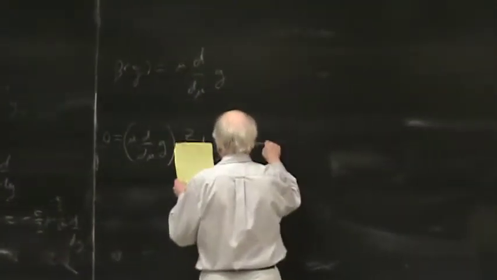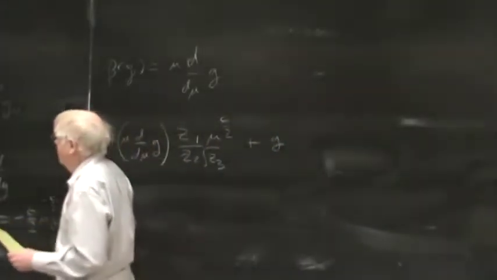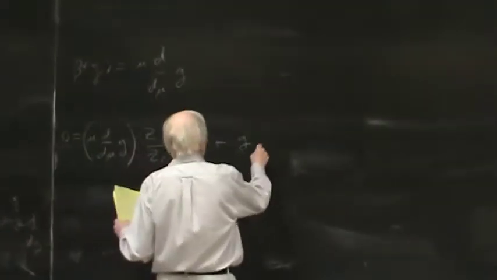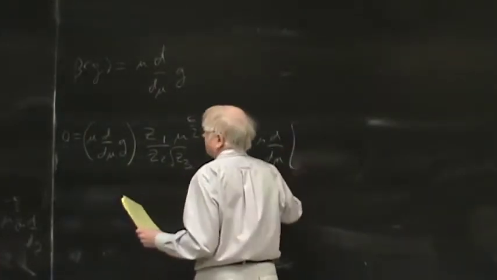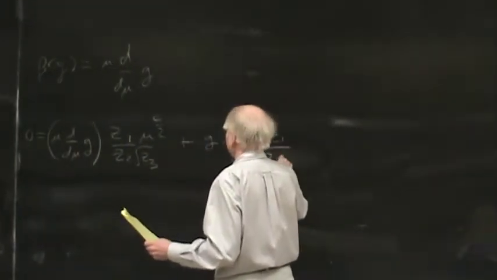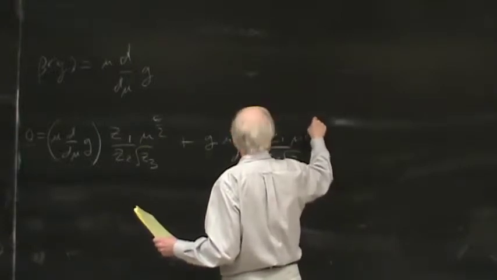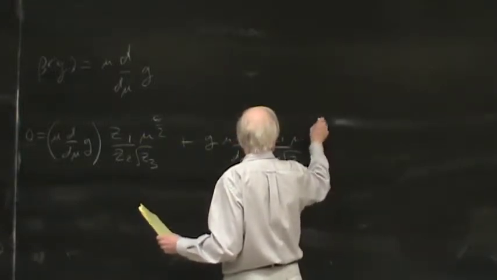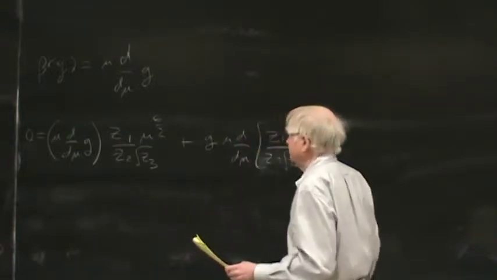And plus G mu d/d mu on all this other stuff, which is Z1 over Z2 square root Z3 mu to the epsilon over 2.